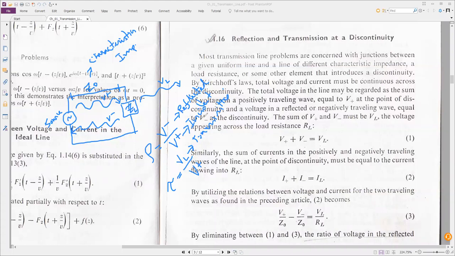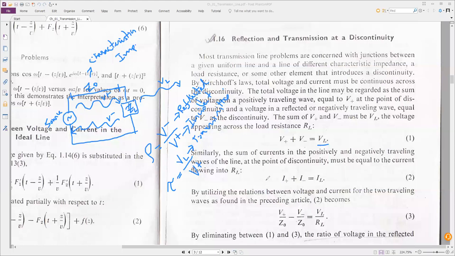And that is the transmitted wave. So three kinds of waves are there. The reflection coefficient is the ratio of the reflected wave to the incident wave. And the transmission coefficient is the ratio of the transmitted wave to the incident wave. And VL, the load voltage, is equal to V plus plus V minus.